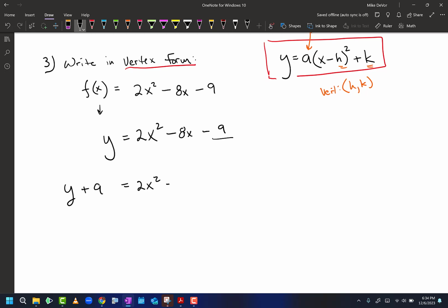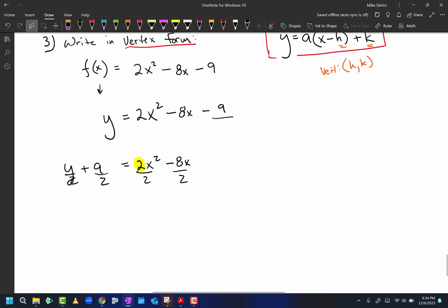Now we're going to complete the square, but to do that, the leading coefficient has to be 1. So I'm going to have to divide everything by 2. What that's going to get me is y over 2 plus 9 over 2. And don't mess with the fractions right now. They're all fine. Okay. And I have this, that's 4x.